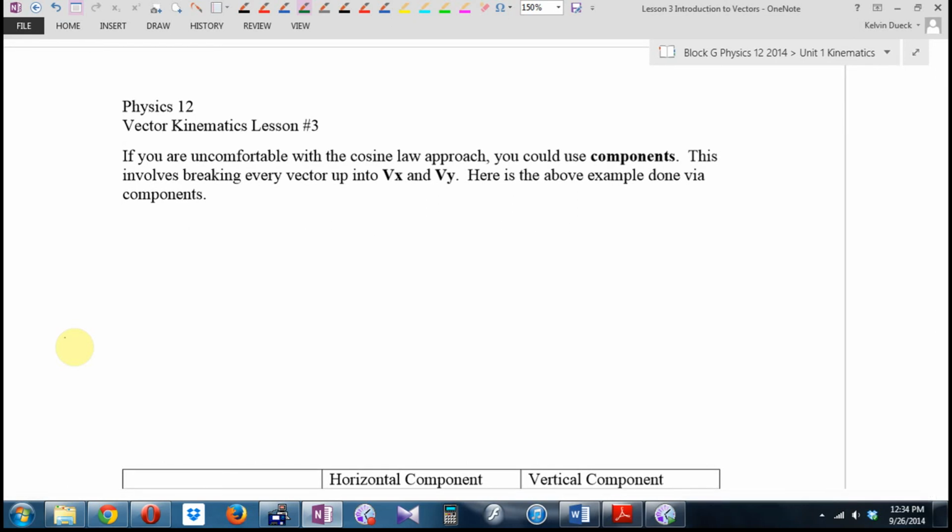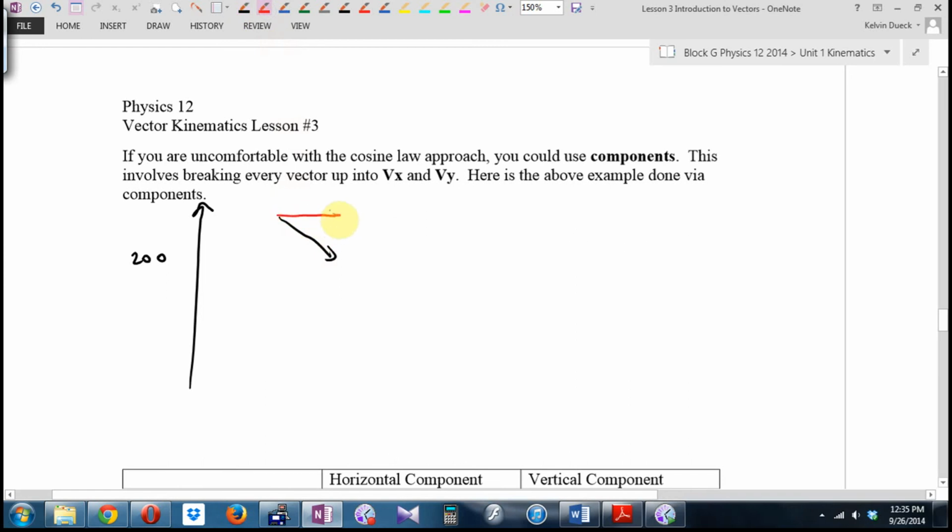If you are very uncomfortable using the cosine law and the sine law, that's okay. It is possible to do this whole course without ever once using the sine law and the cosine law by breaking everything into components. By taking the 200, oh, the 200 was north, wasn't it? And then taking that 60 and breaking it down into that and that.